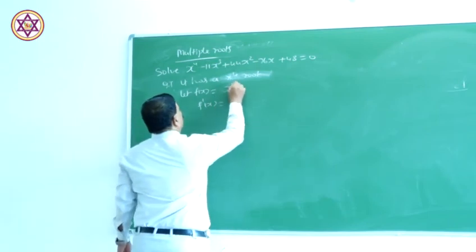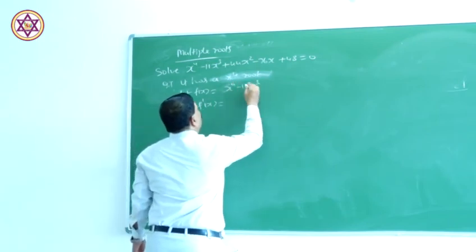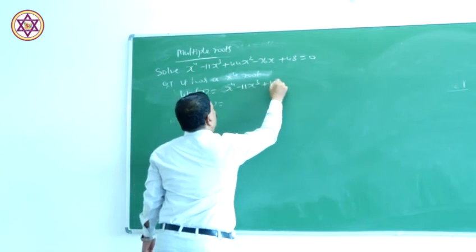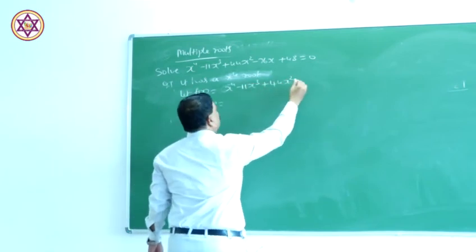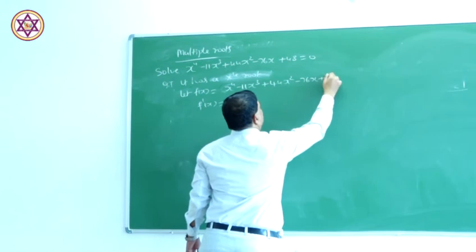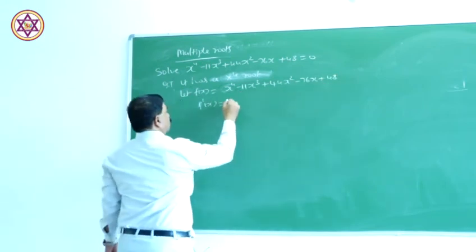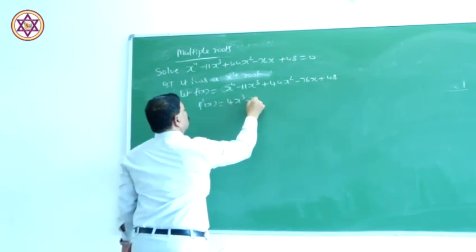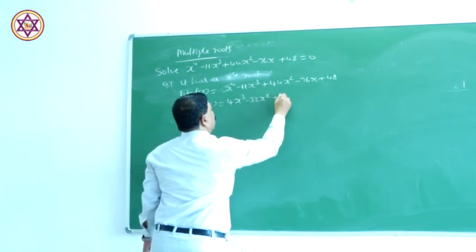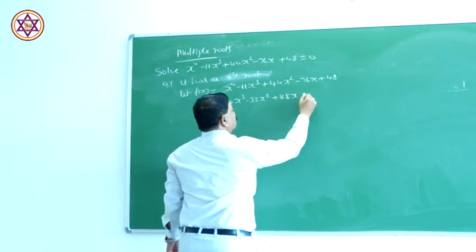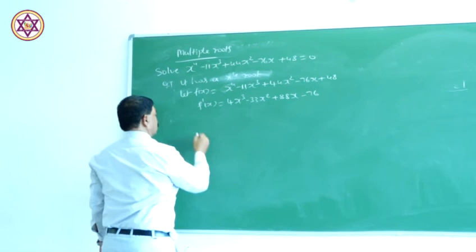So, f(x) = x to the power 4 - 11x cube + 44x square - 76x + 48. So, f'(x) = 4x cube - 33x square + 88x - 76.